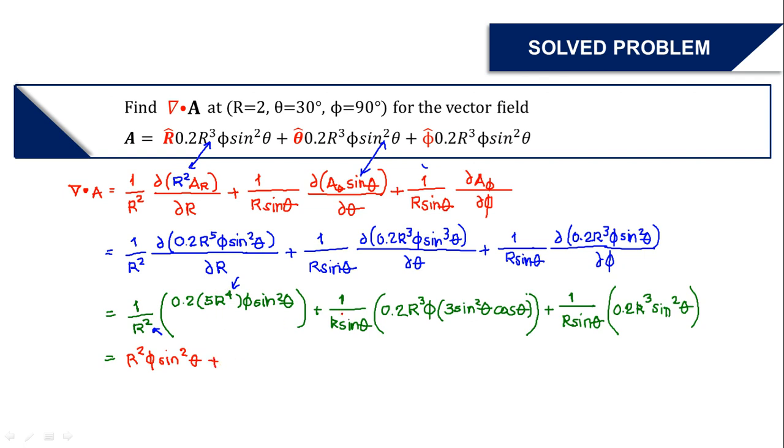Plus, dito naman sa second, 0.2 times 3. So, mangyayari dyan, 0.6, right? 0.6 times sa r naman, magiging r squared. Dahil dito, yan. And then, sa sin theta, magiging sin theta na lang siya, magiging isa na lang. Meron pang phi, no? Kopyahin muna natin yung phi.